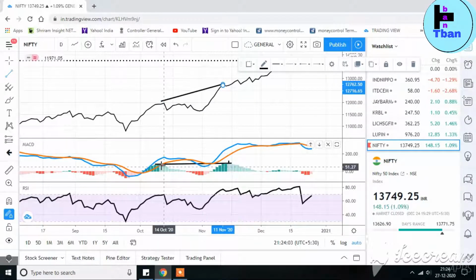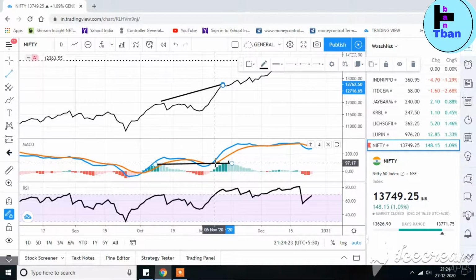MACD. Here I have drawn the line from the top of the histogram. You also observe this is the high, but this is the flat, and here also the MACD line crosses the signal line.